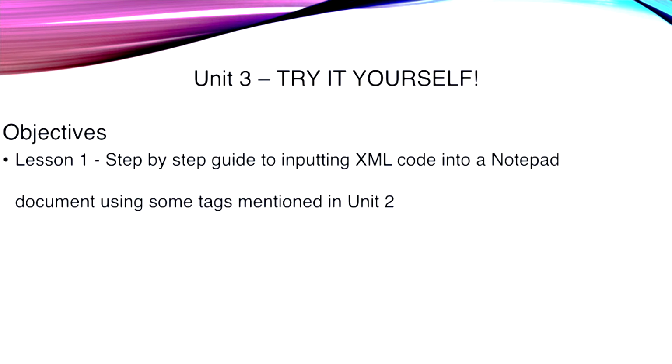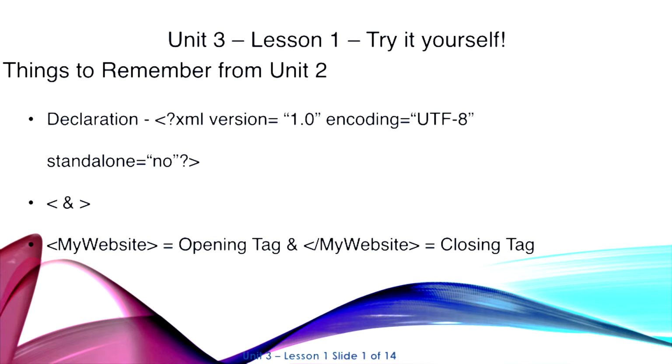The objective of this lesson is to follow along with me step by step to input XML code into a Notepad document using some of the tags learned in Unit 2. One of the most important things to remember from Unit 2 is the declaration and what it is. The declaration tells the computer what version of XML we are using, shown by XML version equals 1.0.